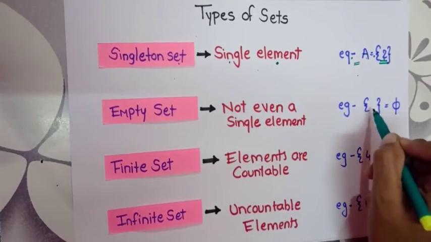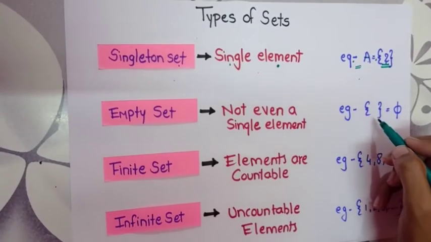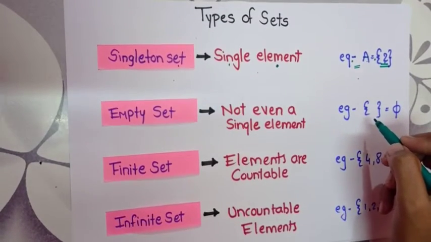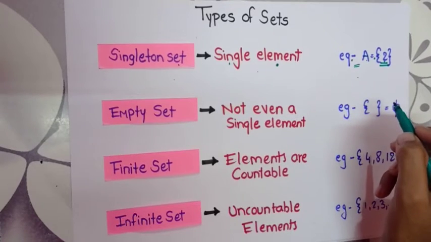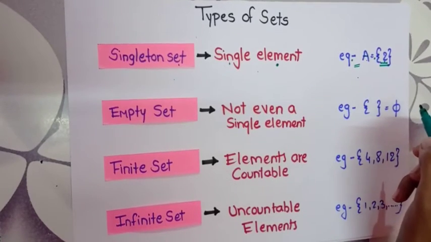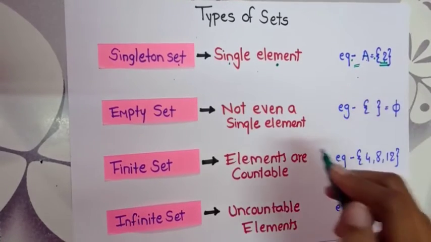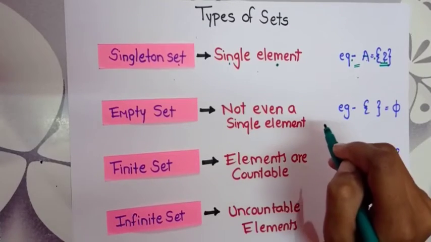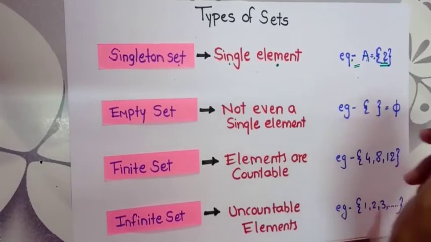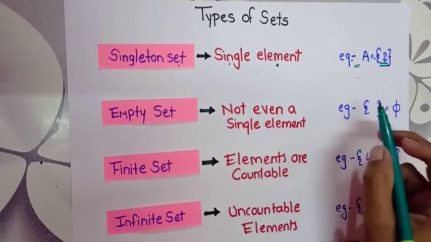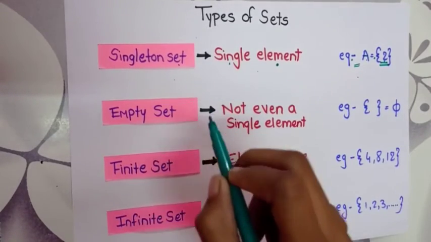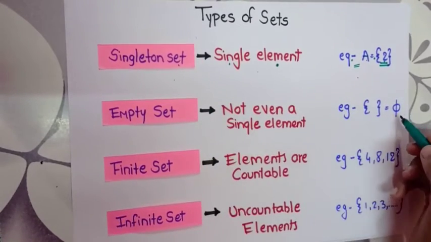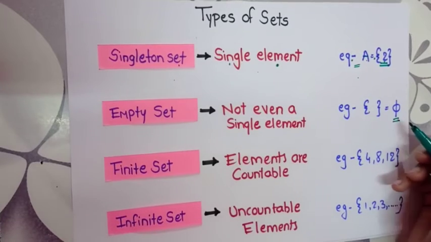For example, A is a set of natural numbers less than 1. There are no such natural numbers, because natural numbers start from 1, 2, 3 and so on. Therefore the set will be null. Empty set is also called a null set. It can also be represented by this symbol.